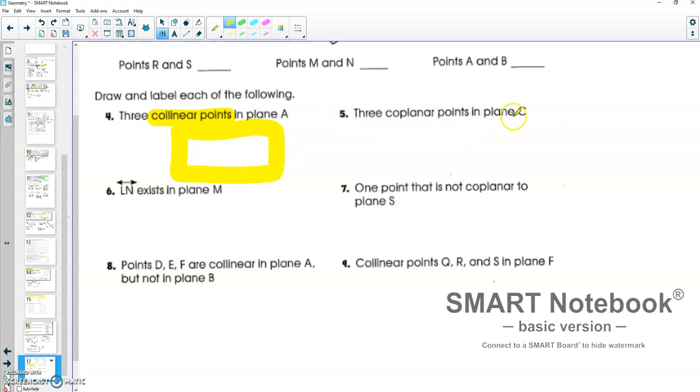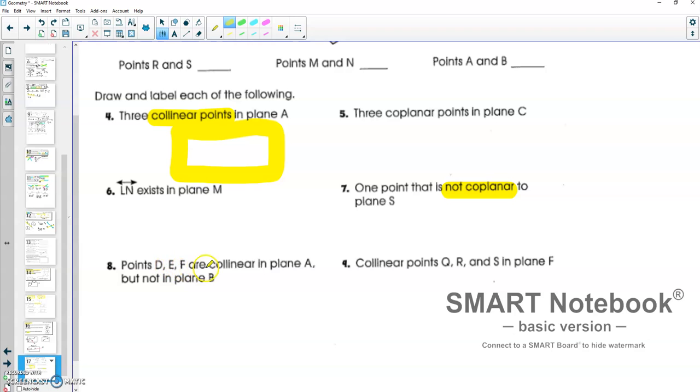3 coplanar points in plane C. Line LN exists in plane M. So remember, this line exists or lives inside plane M. One point that is not coplanar to plane S. It's not coplanar, so where does that point belong?